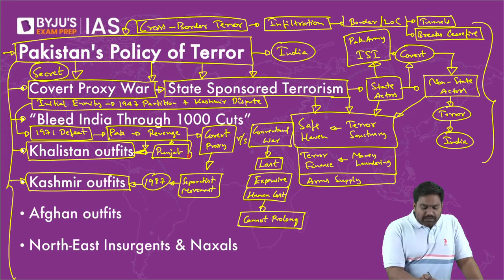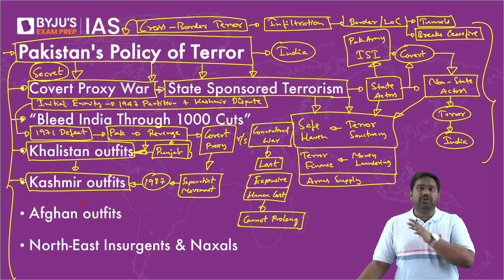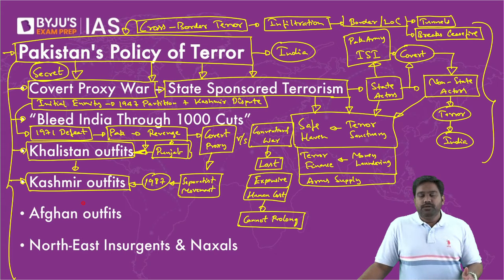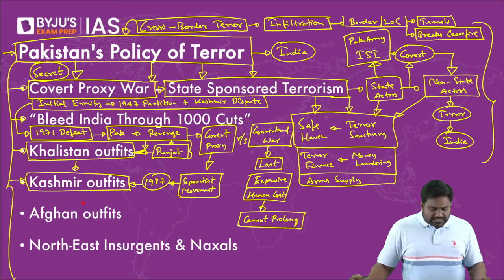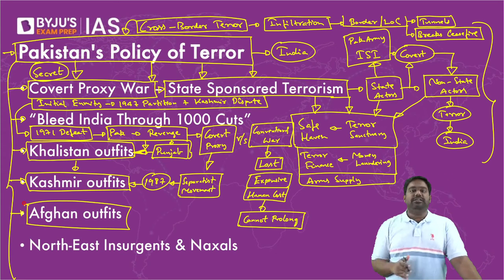Later, an opportunity came up in Kashmir in 1987, and Pakistan capitalized on it to promote anti India insurgent terrorist organizations and gave complete support to the Kashmir outfits as well. Is that clear? So it has played a direct role in destabilizing the entire region.